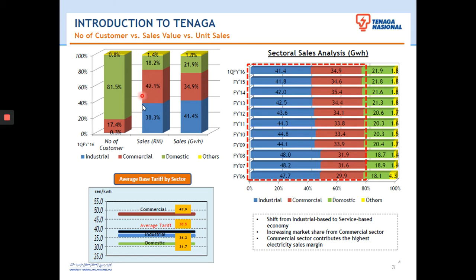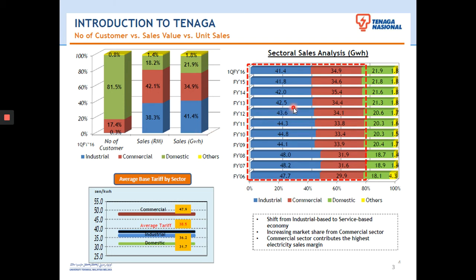So if we combine them in terms of sales in terms of ringgit Malaysia, and sales in terms of energy, then industrial and commercial sectors dominate. They take about 75 to 80% of the total energy consumption. So these are the main customers for TNB, right?